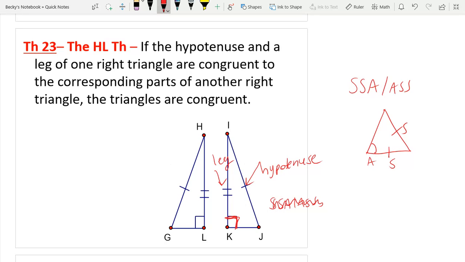You can, in your head, think of it as right angle, side, side. But we know, and again, I don't use the theorem number. I want it to be easy. I don't want you to have to look it up. Just call it HL. Okay, the hypotenuse of one triangle is congruent to the hypotenuse of the other triangle, and they have corresponding congruent legs, and they, of course, have to be right triangles, then they are congruent.